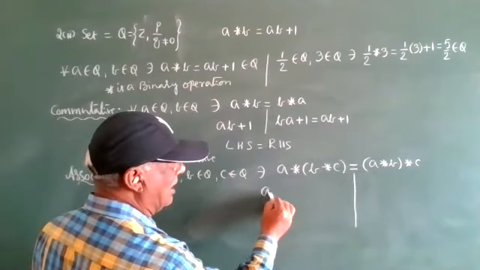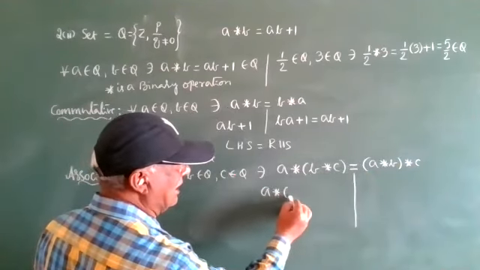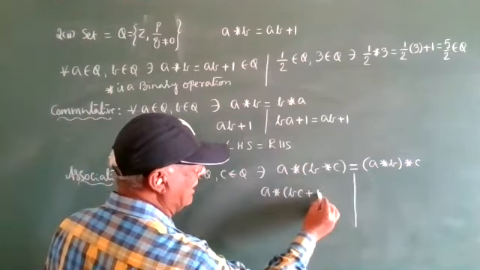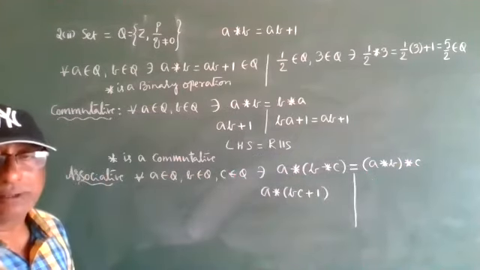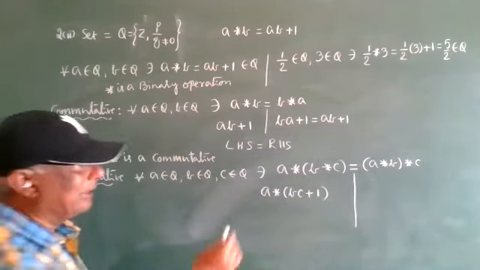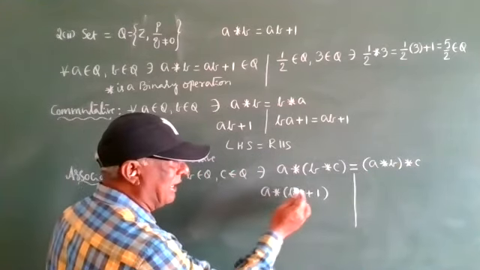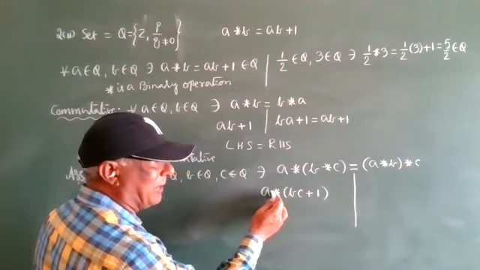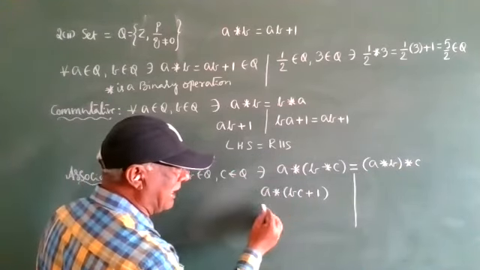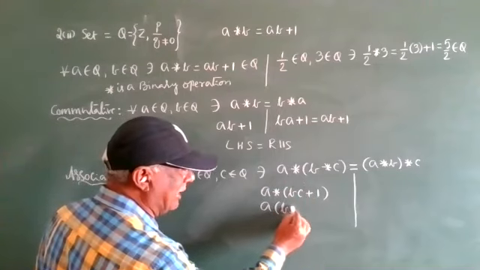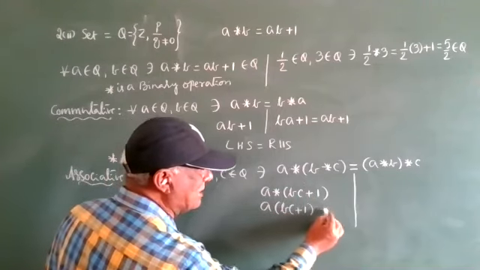So A star B star C: BC plus 1. Again, this is the first element, this is the second element, apply the star operation: first element into second element plus 1.